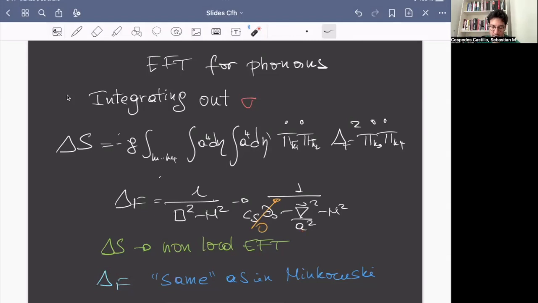But because cs goes to 0, we're going to consider a hierarchy where this term is suppressed with respect to this one. This will lead to a non-local EFT, where we can add a bunch of other terms that will have this particular form. But more importantly, this Feynman propagator is actually the same in Minkowski, where this term doesn't appear, and we only have to consider this one.